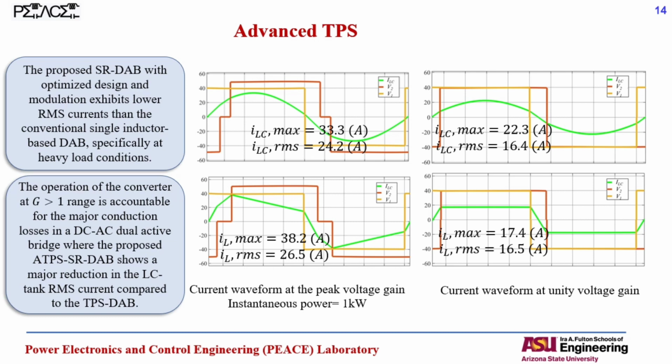For example, with the single inductor, the maximum current through the transformer windings is 38.2 amperes. However, for the LC tank configuration with the optimized modulation, we are experiencing 33.3 amperes maximum current. That means we require switches with lower current ratings.